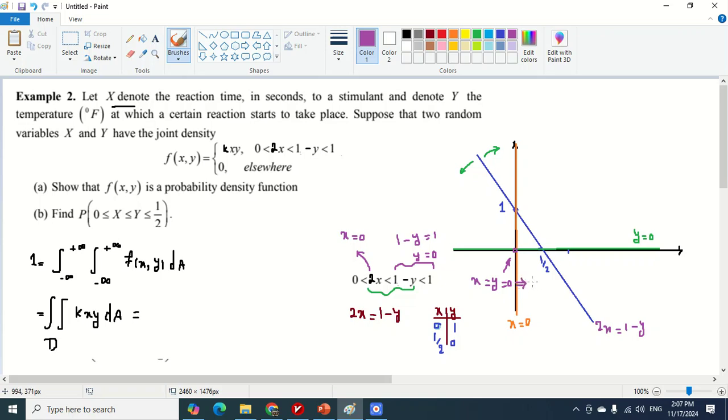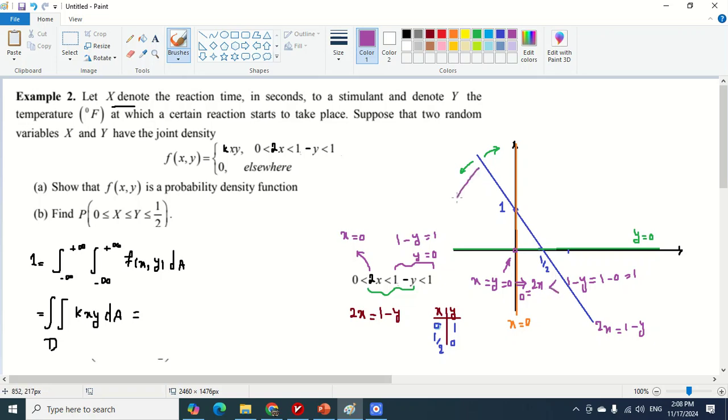Right now 2x, which is equal to 0, is on one side, and 1 minus y, which is equal to 1 minus 0, or 1, is on the other side. Of course 1 is greater than 0, so this inequality holds true at this region.